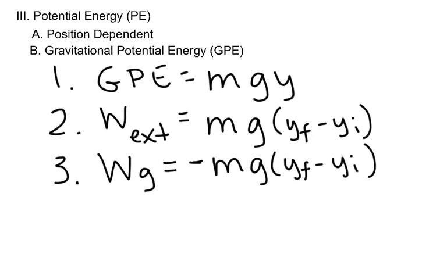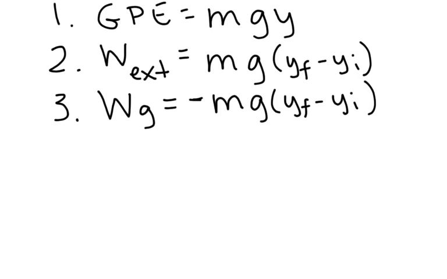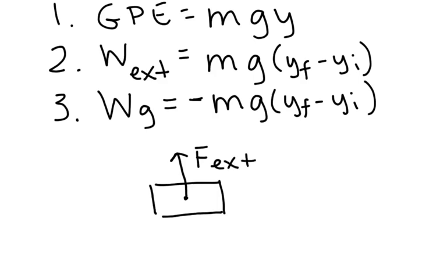If I draw you a little picture here, you'll see, let's say we have some sort of a block. And we'll draw a free body diagram on this block. It's being raised up, let's say. And so there is a force, and I'm going to call it an external force, to lift up the block. But there's also a force of gravity, or the weight, pulling down on that block.